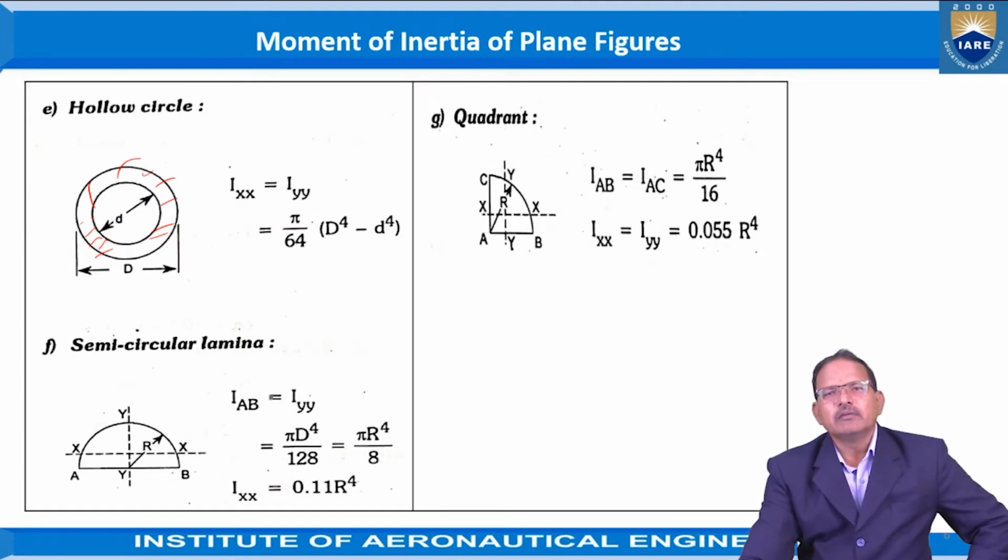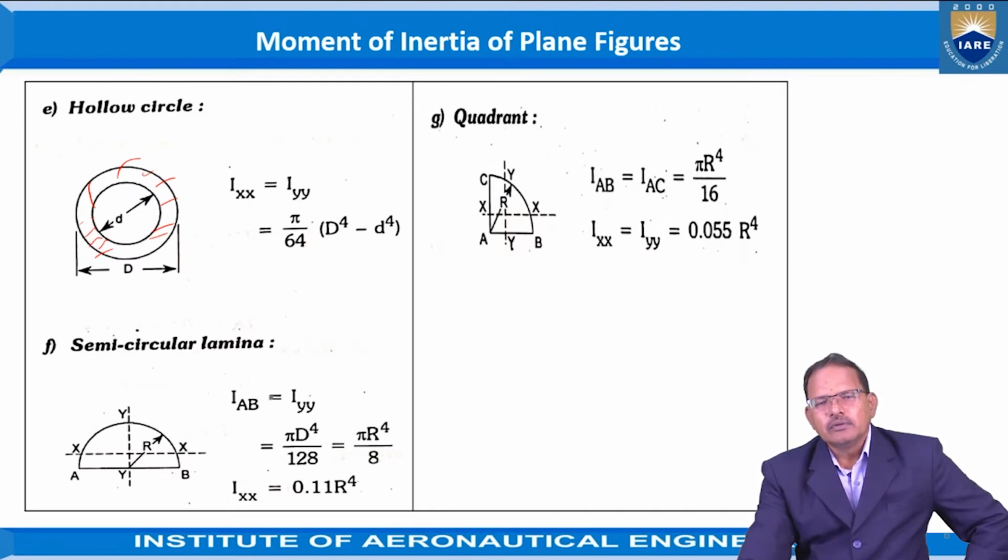Again, this circle is symmetrical about the x-axis and y-axis. Hence, I_x is equal to I_y, which is equal to π by 64 of the difference of D⁴ and small d⁴, where capital D is representing the diameter of the outer circle and small d is representing the diameter of the cutout circle.